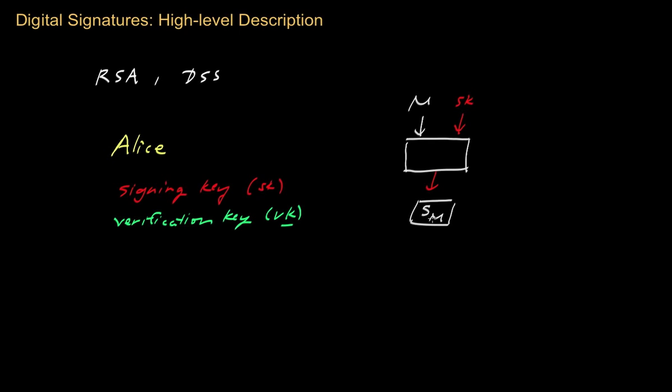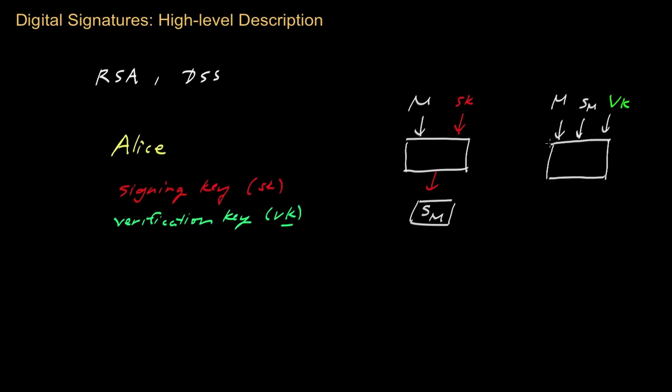Now, the verification process is analogous to the signing process, but it involves the public verification key. In the verification process, you have three different inputs. The first input is the message that you want to verify the signature of. In addition to the message, you need the signature on that message, S sub M. And finally, the last input to the verification scheme is the public verification key that belongs to Alice.